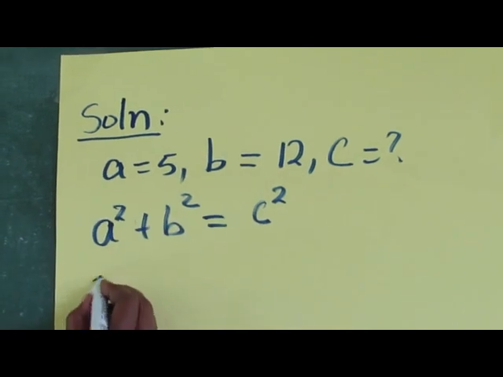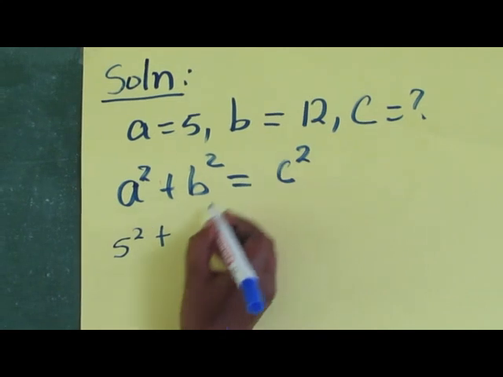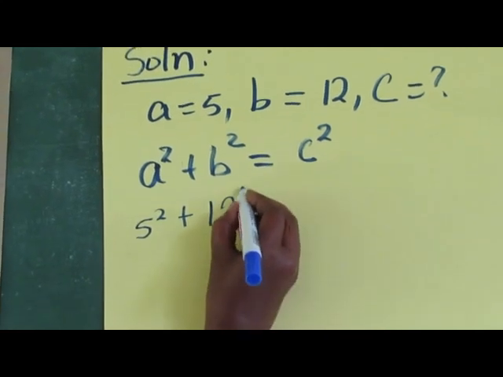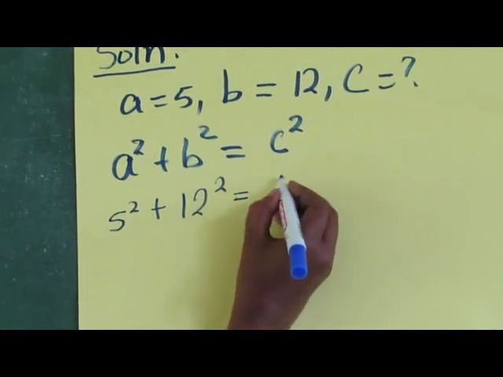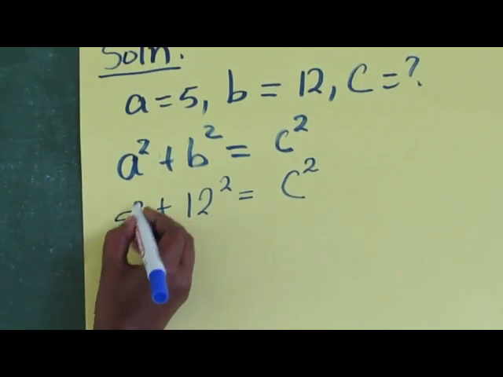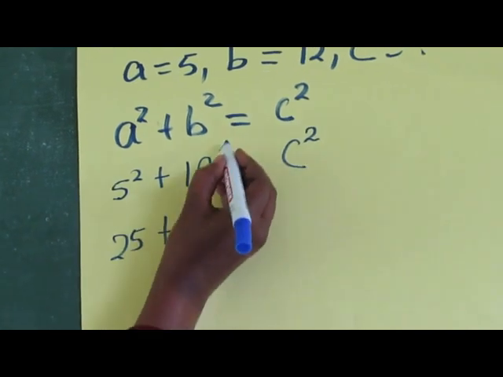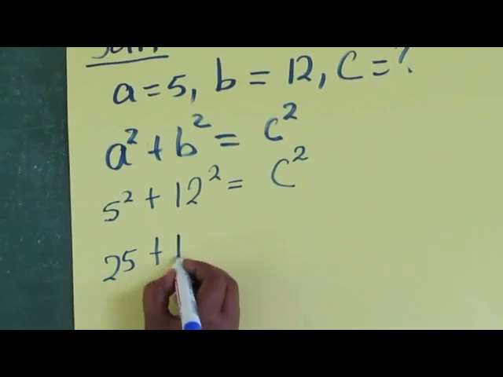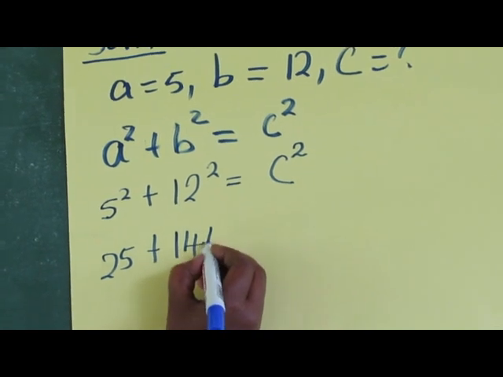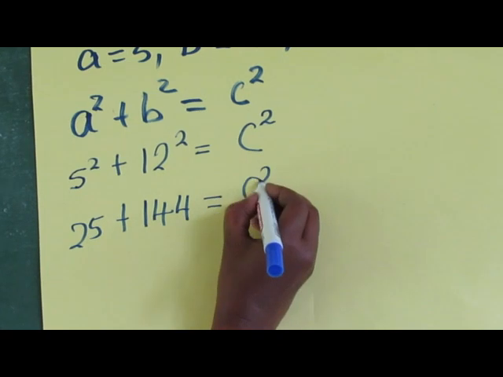Our a is 5, so we have 5 squared plus b squared, b is equal to 12, so 12 squared, is equal to c squared. We don't know c. 5 squared is equal to 25. 12 squared is equal to 144, which is equal to c squared.